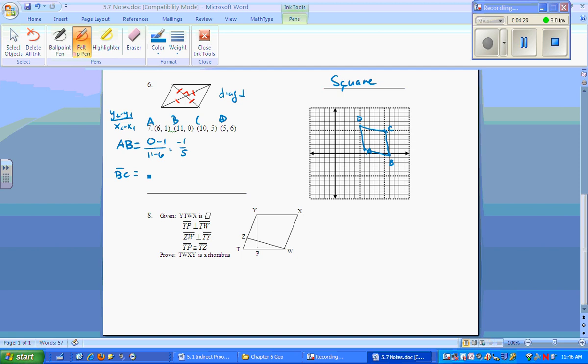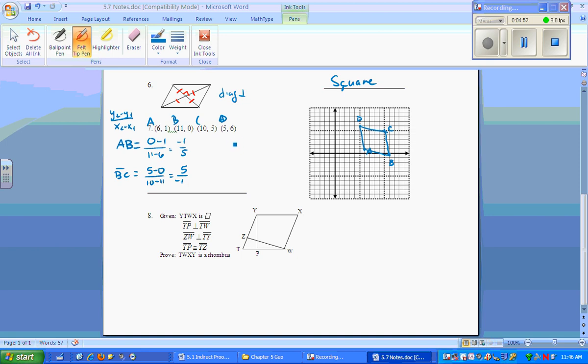BC, we get 5 minus 0 over 10 minus 11, giving us 5 over negative 1. Okay.